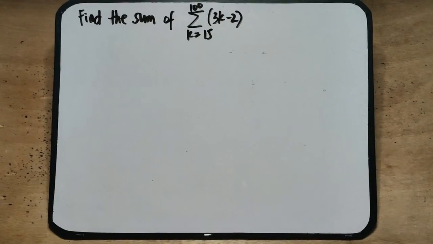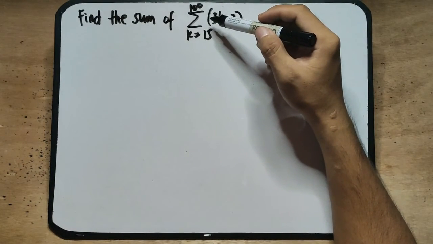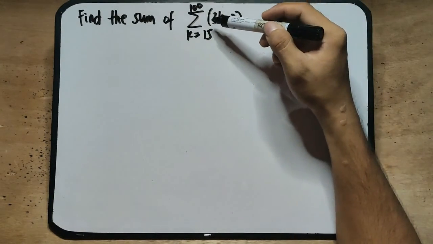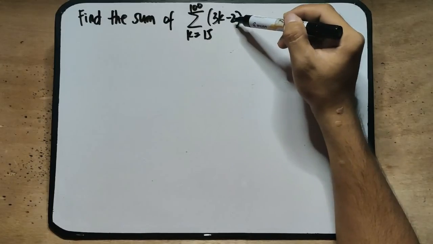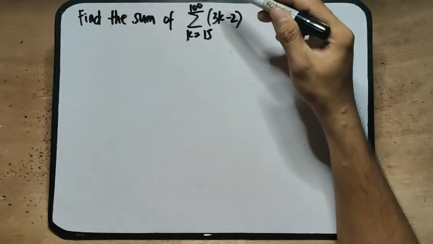In this example, we find the sum of the summation of 3k minus 2 from 15 to 100. Applying the properties of sigma notation, we can separate this into two different terms, and put each in its own summation symbol.